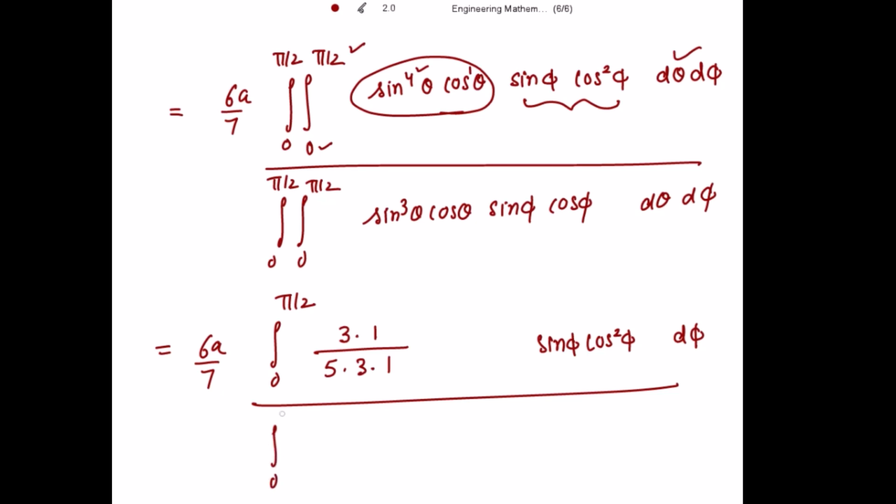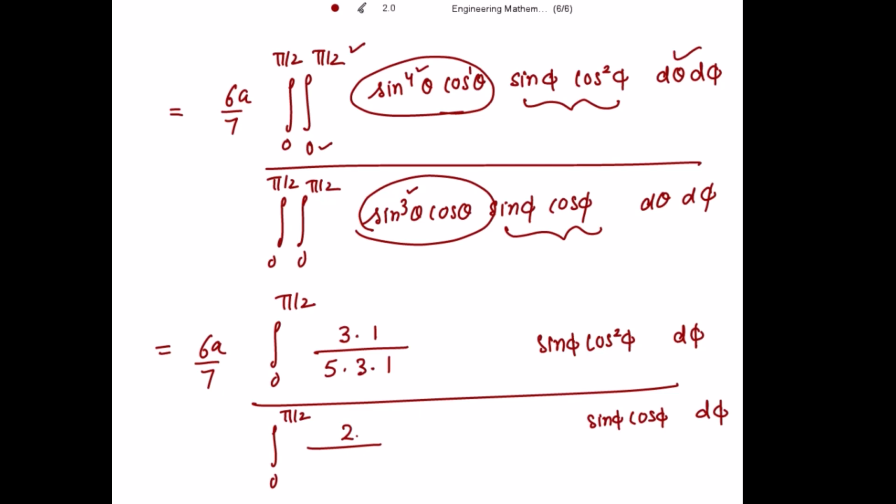Similarly, the denominator also, if we integrate with respect to theta, let me write this as it is. Here also we are having the limits to be 0 to pi by 2 for theta. So now using the reduction formula on this. For the numerator, we don't have to write the power. We just need to subtract the odd numbers from the odd power. 3 minus 1, 2, and 3 minus 3, that is 0. You have to stop here.